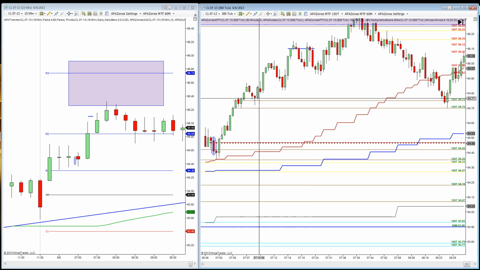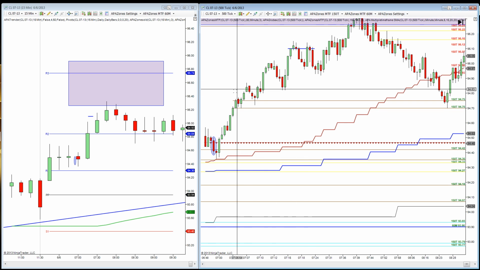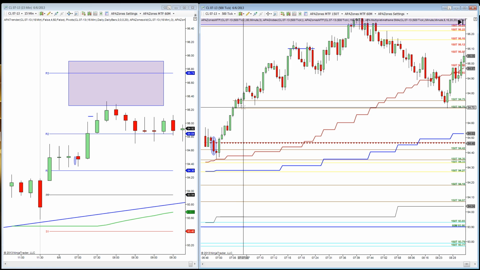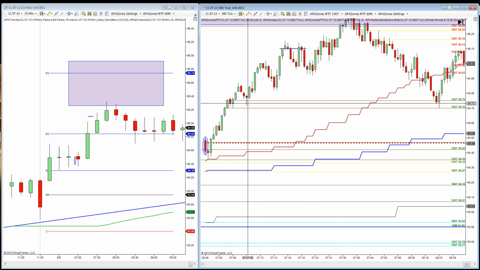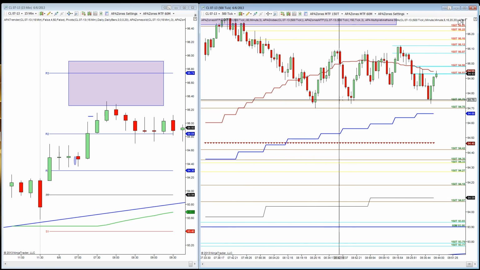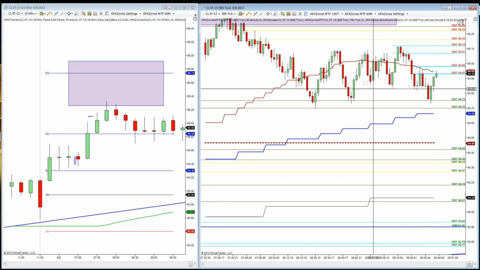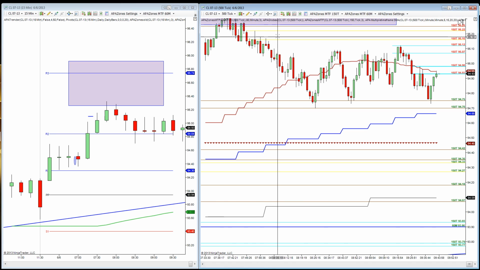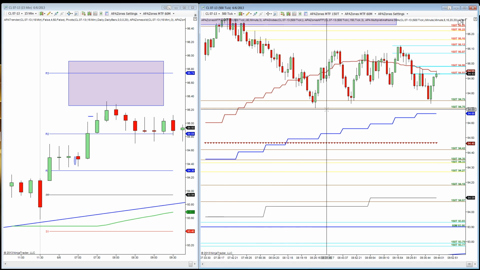So you can see we had a rally, and then it bases right around in here, and then it rallies some more. So then we're really not surprised that price is finding support down here later on. So hopefully that answers that question. But you can see we also have another drop, and then it bases right in there and drops some more.